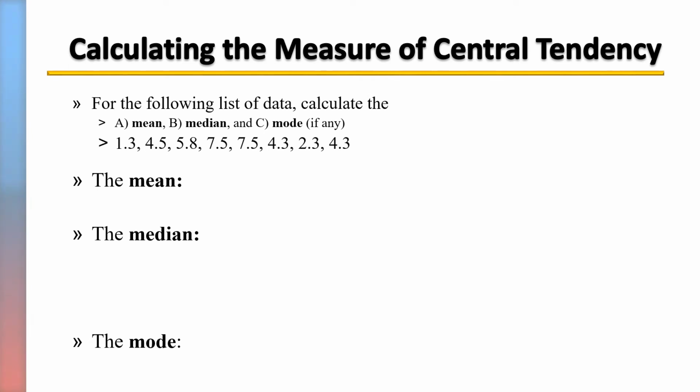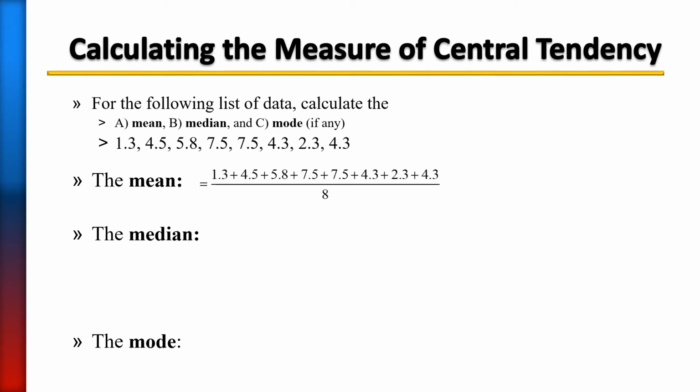In this example, we're given data and asked to calculate the mean, median, and mode, if any. Let's start with the mean. Recall for the mean, that's the average. To find it, all you do is add all the numbers and divide by the number of numbers that you have. So let's go ahead and add all 8 numbers, and then we're going to divide by 8 because we have 8 numbers.